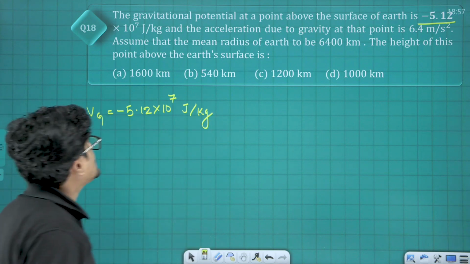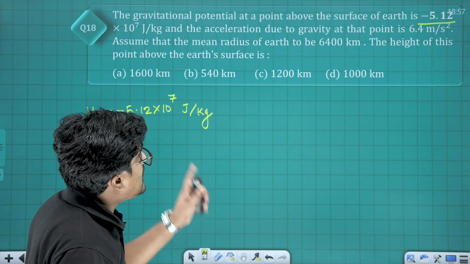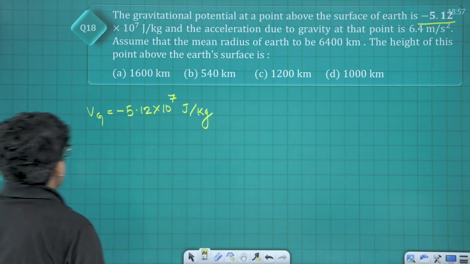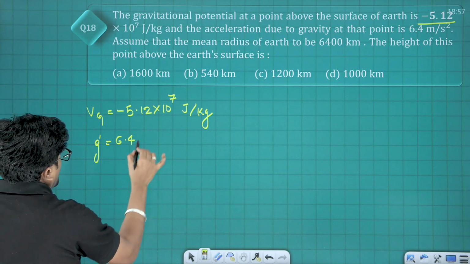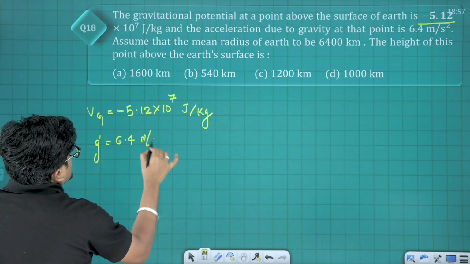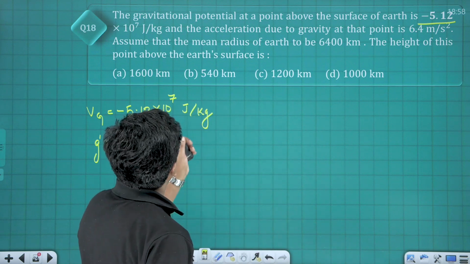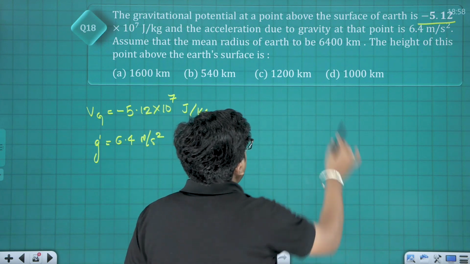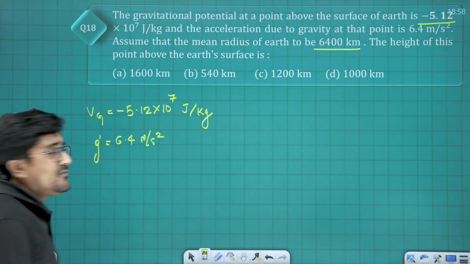This is the gravitational potential at a particular height above the surface. Acceleration due to gravity at the same point is marked as 6.4, so g dash is 6.4 meter per second square. Assume that the mean radius of the earth is 6400 kilometers. The height of the point above the surface of the earth is.